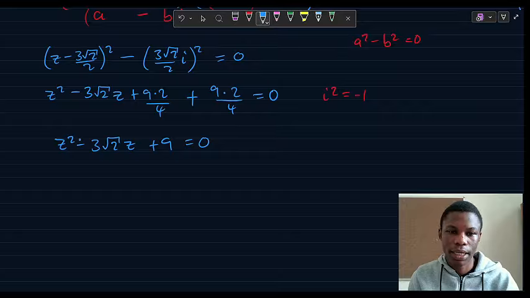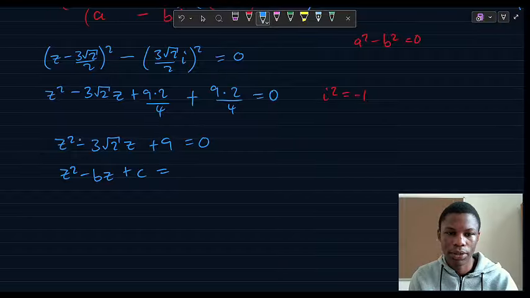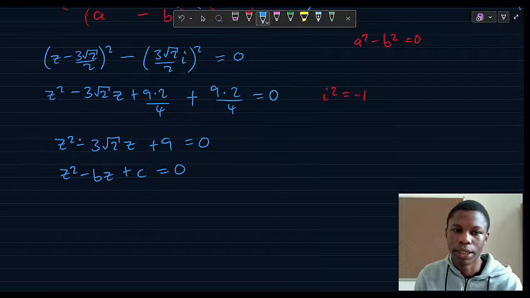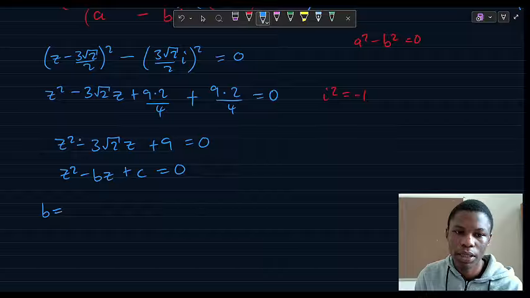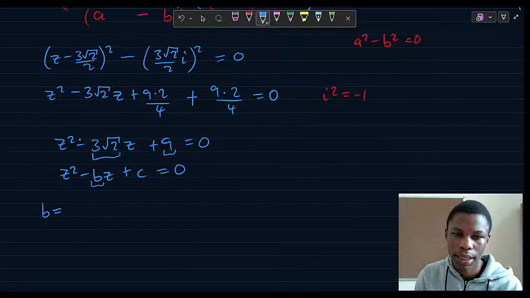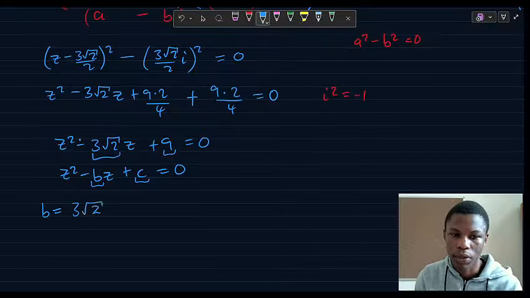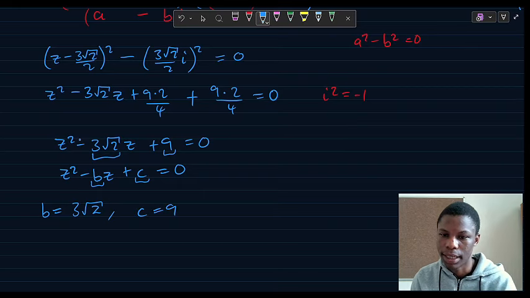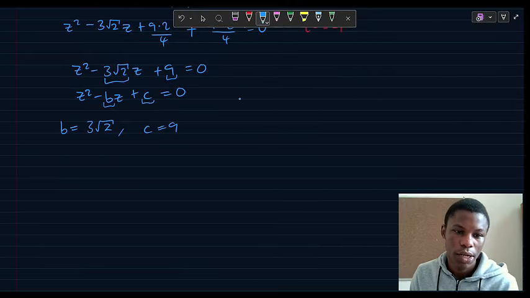This means that z squared minus bz plus c is equal to 0 is this equation here. So we can read off b to be the 3 root 2 and c to be the 9. So this is one way of doing it.